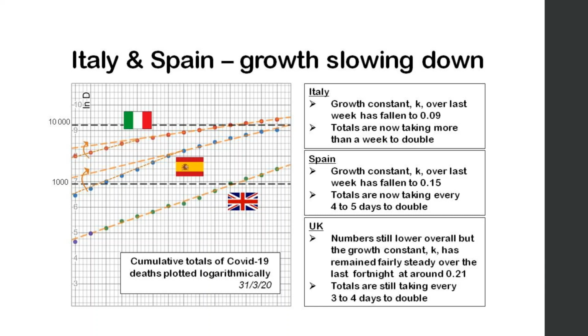So our totals are still growing quicker than in Italy and Spain. They're taking every 3 to 4 days to double, as I explained earlier. So we've really got to make sure that we are, hopefully, taking steps that mean that we will also follow the trend in Italy and Spain so that their growth constants start to fall and their curves start to flatten.